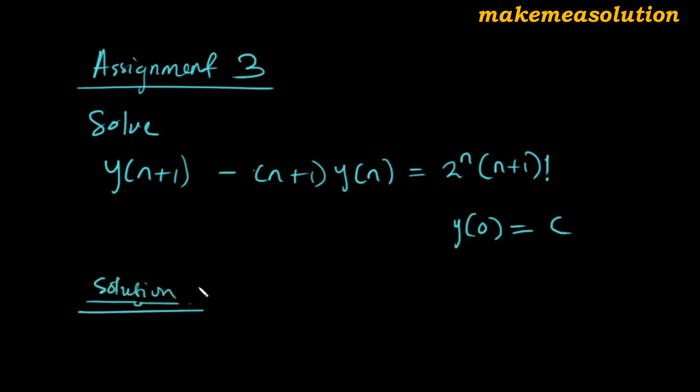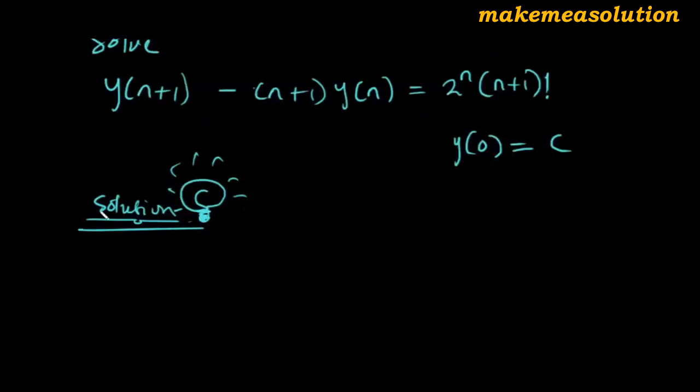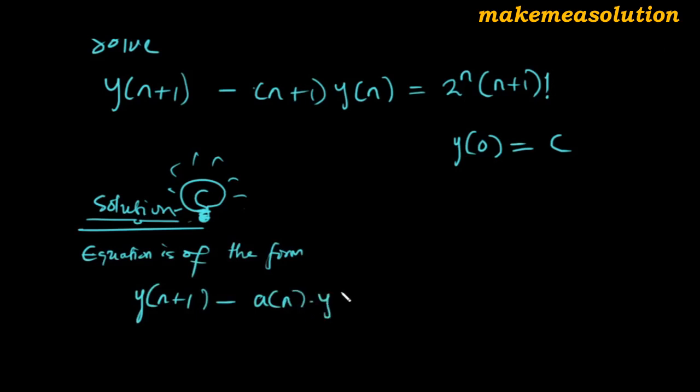So to actually solve this one, we can see that the equation is of the general form: y of n plus 1 minus a of n, y of n is equal to g of n. So if you compare this and this, you can now remove your parameters.